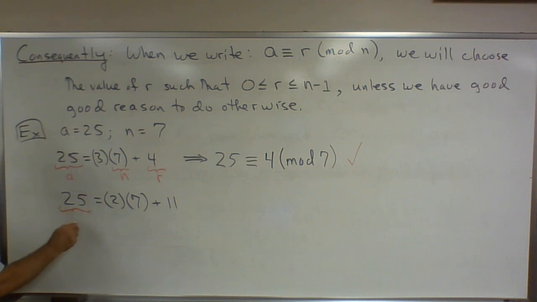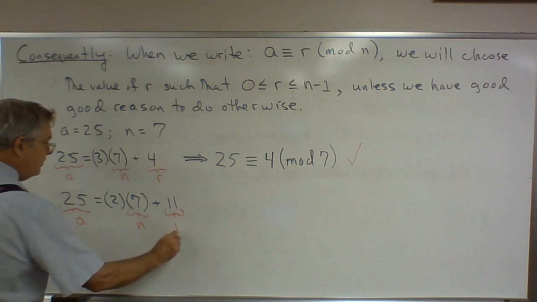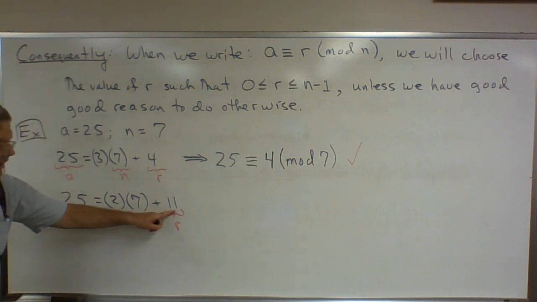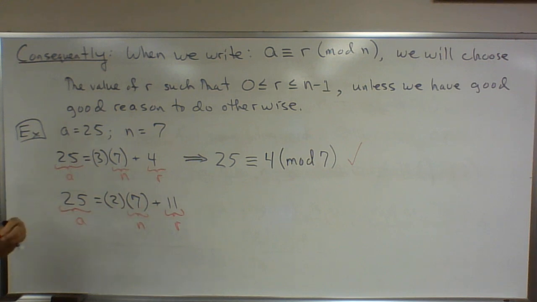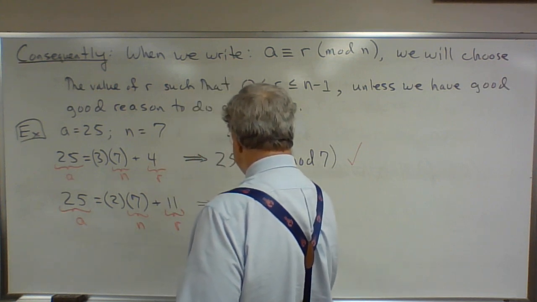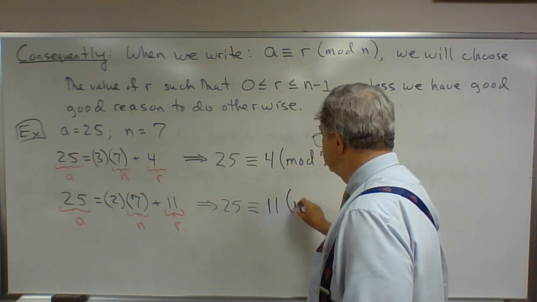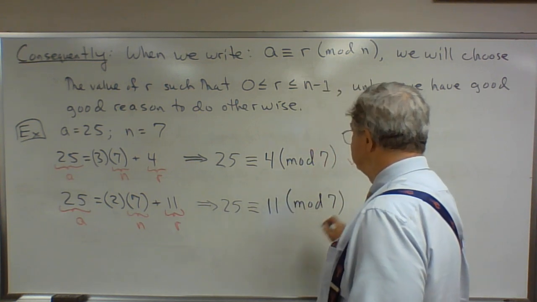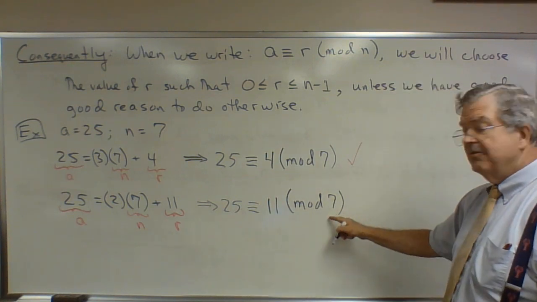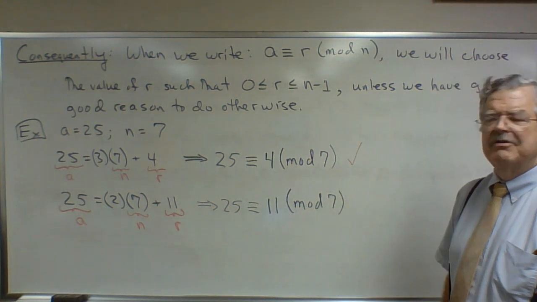And here's A, here's n, and here's the remainder, which is greater than the divisor, which is a no-no. Now, this statement is correct. It's just not the way we want to write it. And we'd be telling the truth if we said that 25 is congruent to 11 mod 7. This is correct, but not preferable unless we have a good reason for doing that.